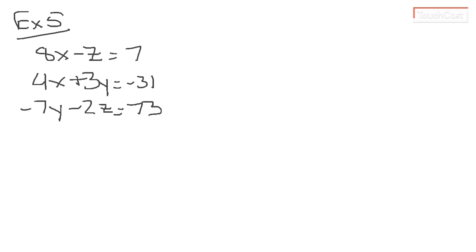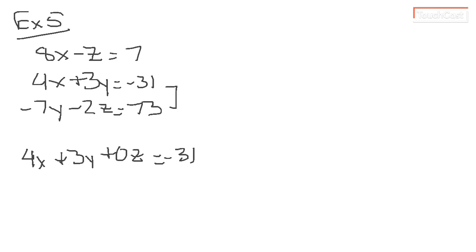Now I'm going to take the bottom two and I am going to rearrange things so my x's, y's, and z's can line up, and I can add terms to this as well. So I'm going to rewrite the top equation as 4x plus 3y plus 0z, that hasn't changed my equation, equals negative 31.